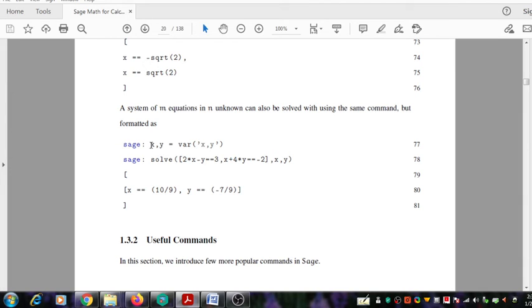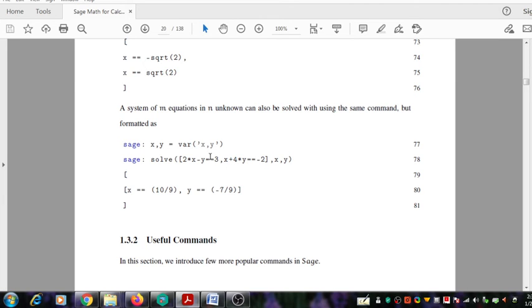First we declare that x and y are two variables, x, y equal to var(x, y), and then solve. Two equations are given: 2xy minus y equal to 3 and x plus 4y equal to minus 2.